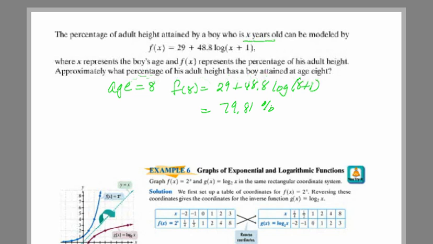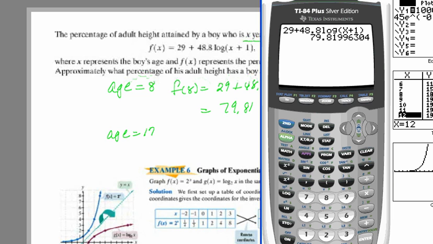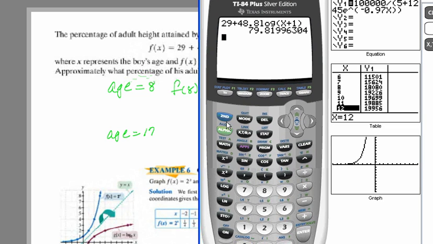You know what might be interesting is to see at age 17. A 17-year-old is at what percentage of their adult height? We can go here and do the trick that I've been working with, going second calc, retype that in, and let's put in, oh my gosh, hold on.